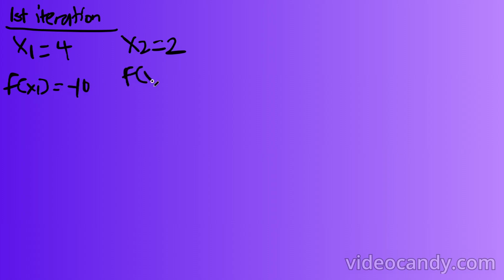As for the first iteration, x1 is 4, x2 is 2. So f of x1 is negative 10, and f of x2 is negative 14.